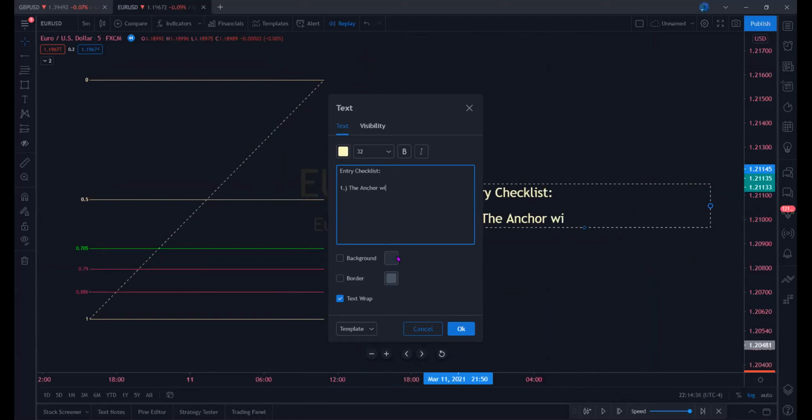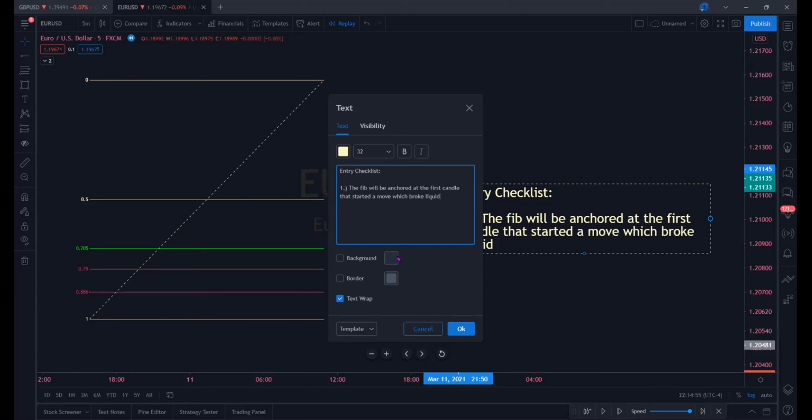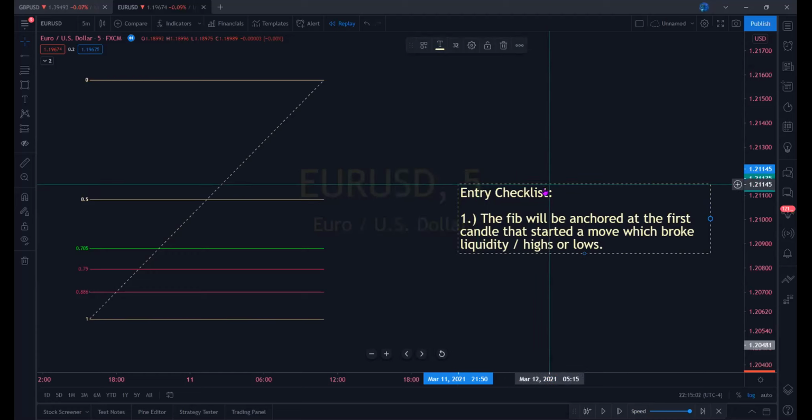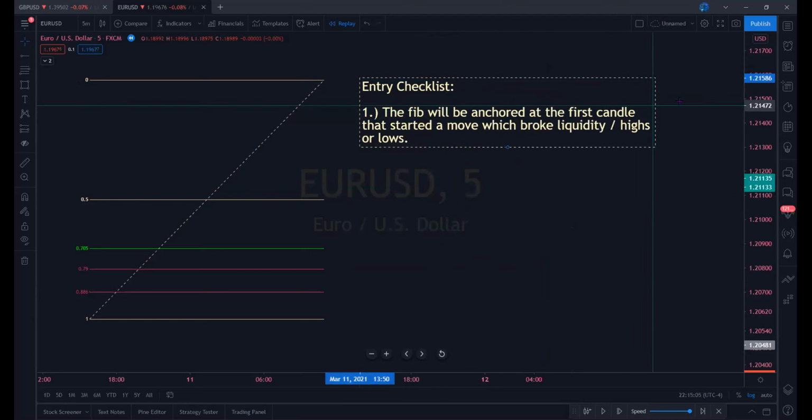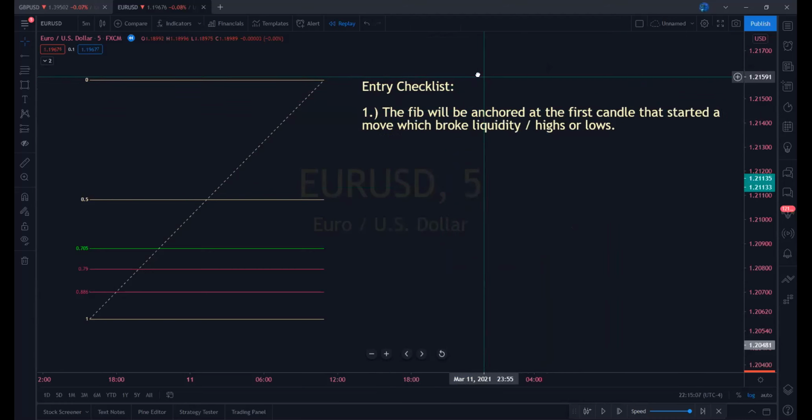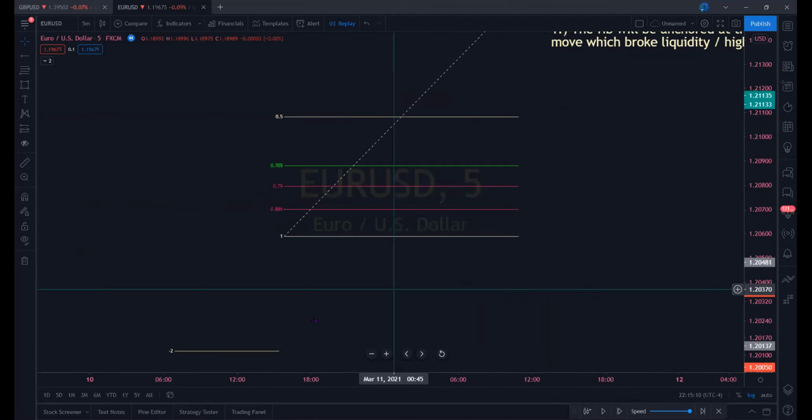The fib will be anchored at the first candle that started a move which broke liquidity, highs or lows. Okay, so that's the first part of the checklist. And I'm going to show you why this is the first part of the checklist, okay?